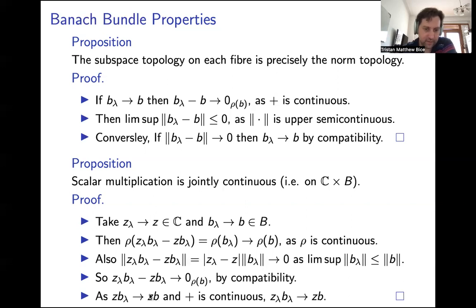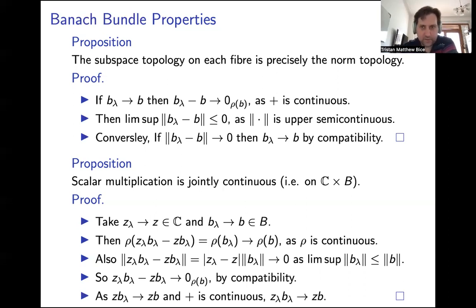Putting these two things together, noting that we can always add them since they lie in the same fiber, and addition is continuous, that has to be equal to the sum of the resulting limits. So in the end, this is saying Z lambda B lambda approaches ZB. And that's exactly joint continuity, right? You're taking some arbitrary net of pairs, Z lambda, B lambda, showing that their product does indeed approach ZB.